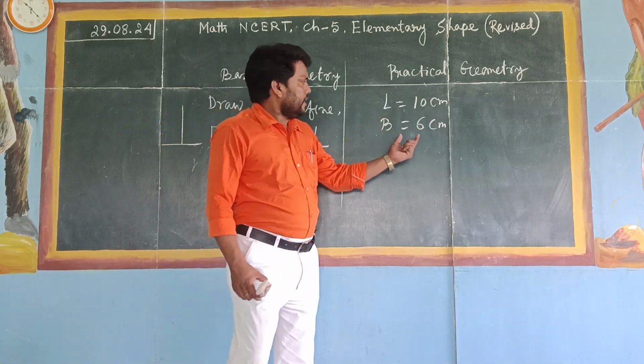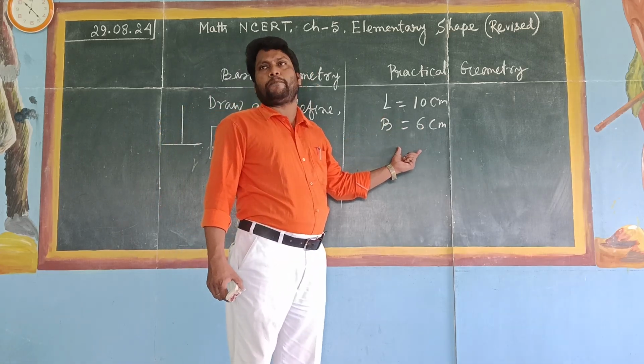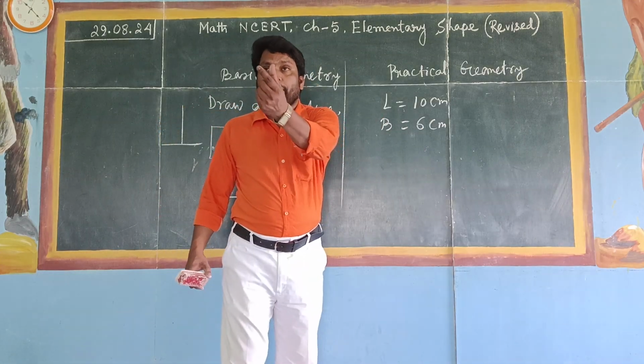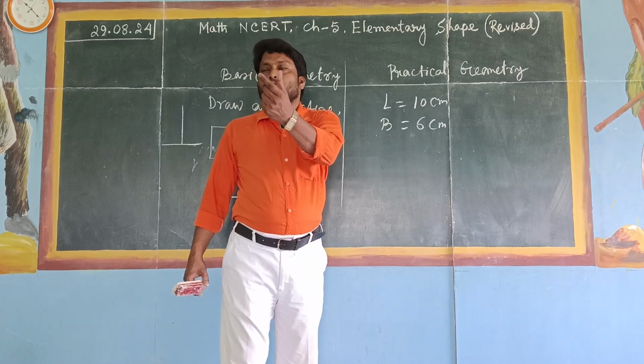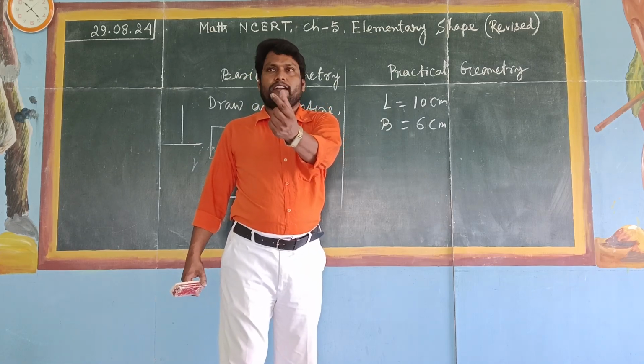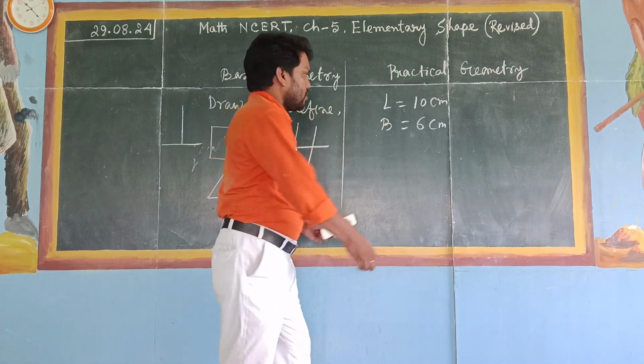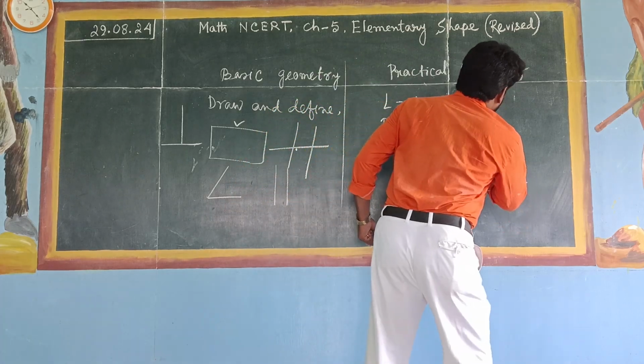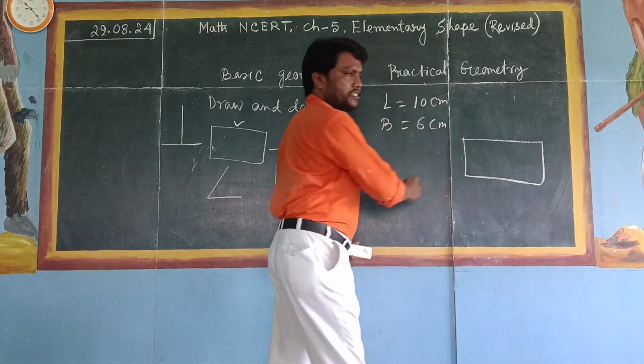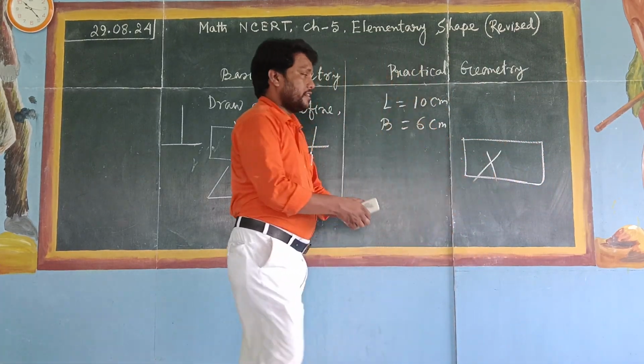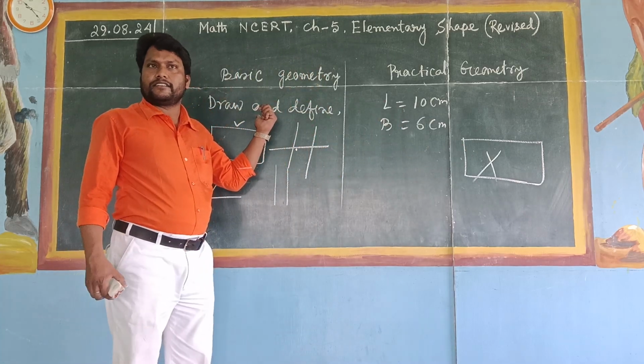When you solve this kind of problem, you have to use the geometrical instrument. You cannot just draw it saying it is 10, it is 6. That is absolutely correct for basic geometrical ideas.